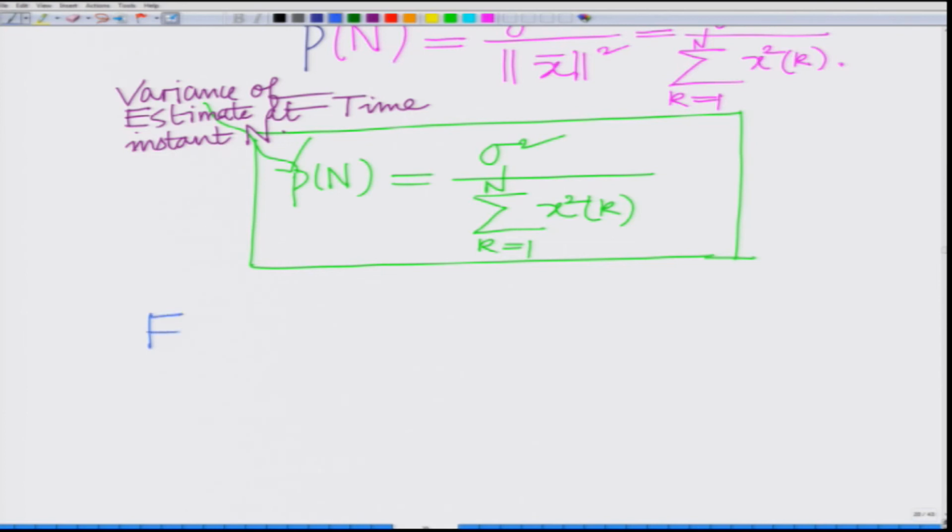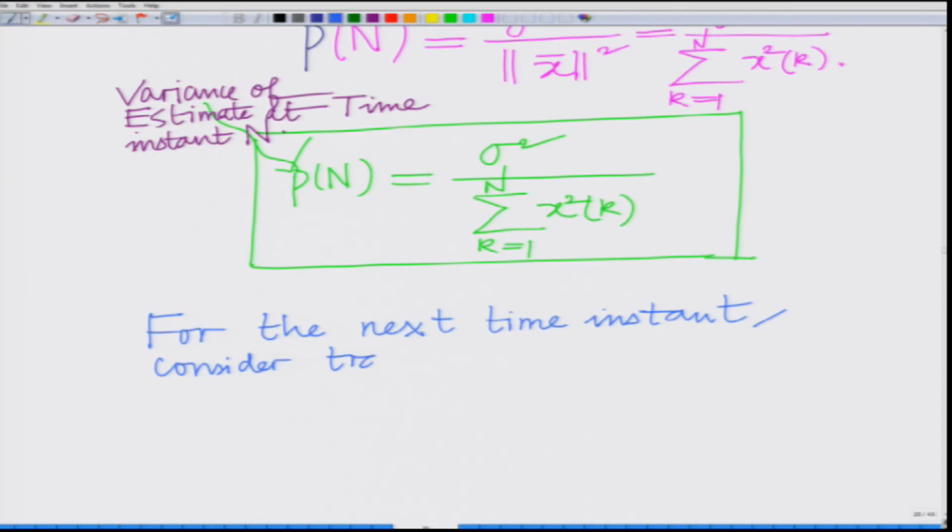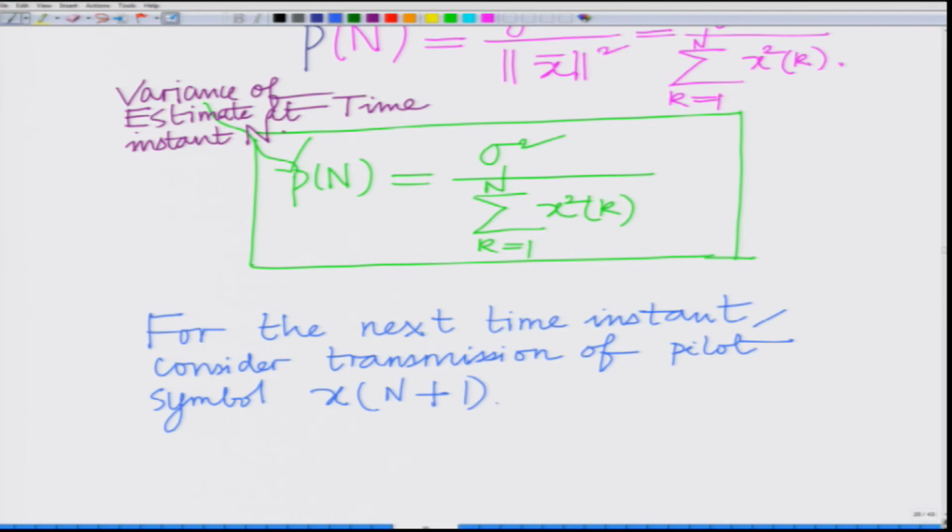For the next time instant, consider the transmission of pilot symbol x of n plus 1, that is, the pilot symbol at time instant n plus 1, and let the corresponding received symbol observation be y of n plus 1.